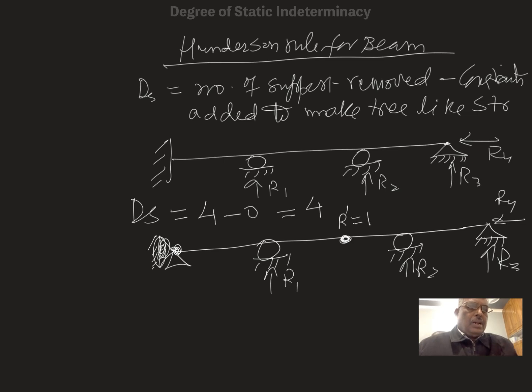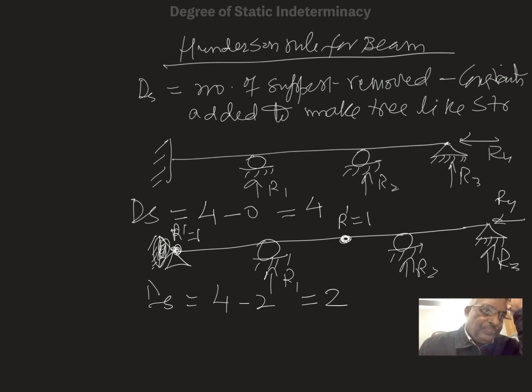For that you have R dash equal to 1, and to make it tree-like one end should be fixed. I am making this fixed, so this will be removed. So ds is equal to removed, how many removed? 2 removed. And how many have you added? R dash is 1, so 2 minus... ds is equal to 2. Degree of static indeterminacy is 2.